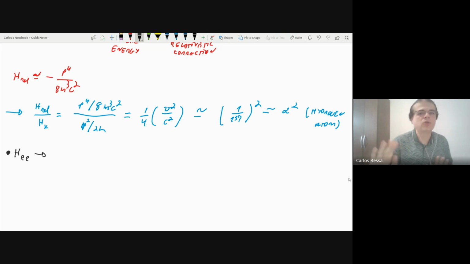Schrödinger equation is not a relativistic equation, so we put in these extra terms to make corrections. But for hydrogen type atoms, this correction is irrelevant. Okay.